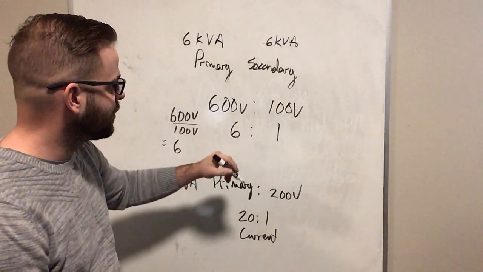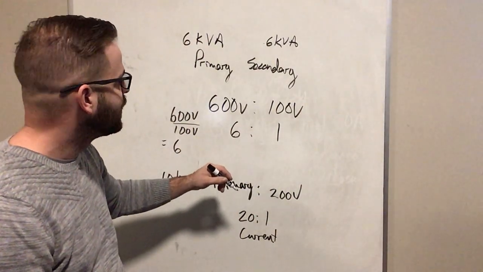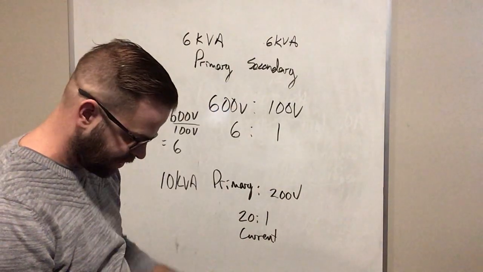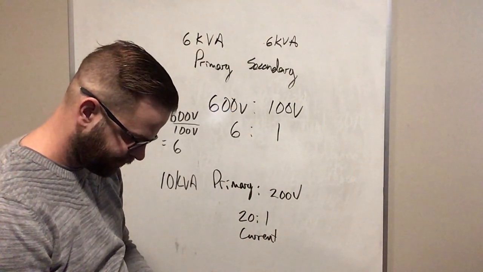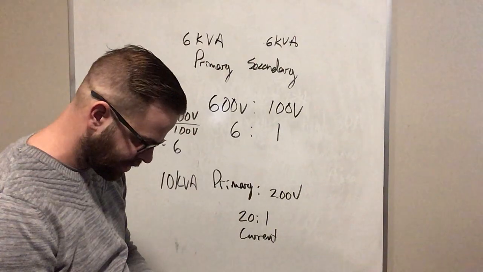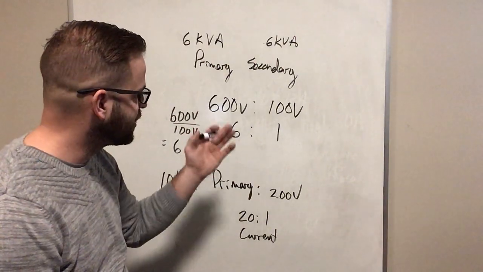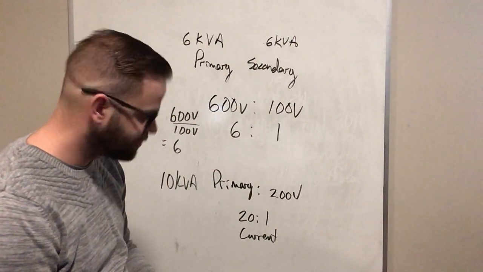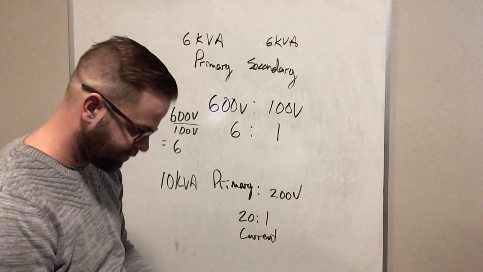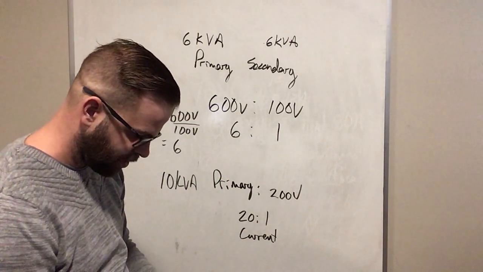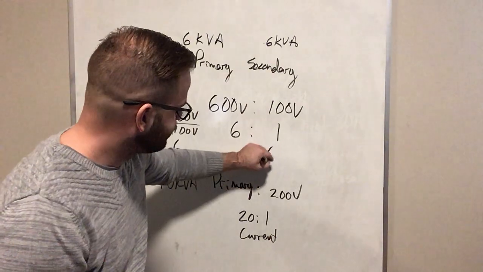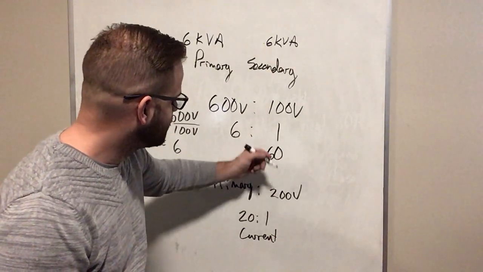So we only need to calculate one of them if we want. So let's do the secondary: 6,000 volt amps divided by 100, so we have 60 amps.